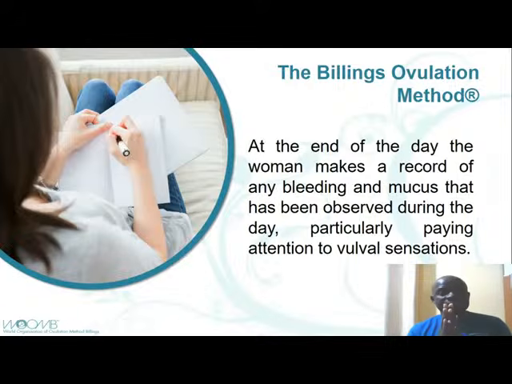And the first time you want to begin to use the Billings Ovulation Method, you will first have to abstain for the first 2 weeks without any genital contact. Why? Because confusion might occur when there is genital contact.